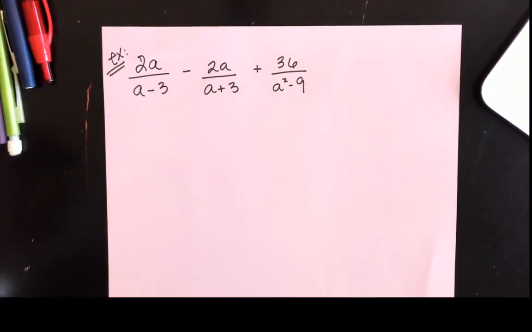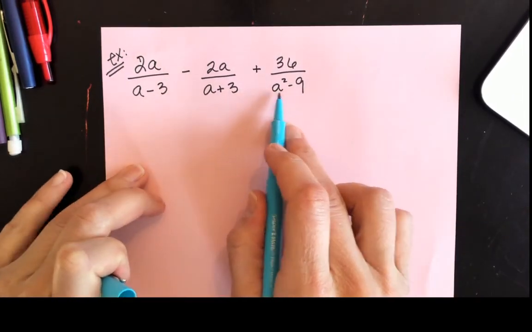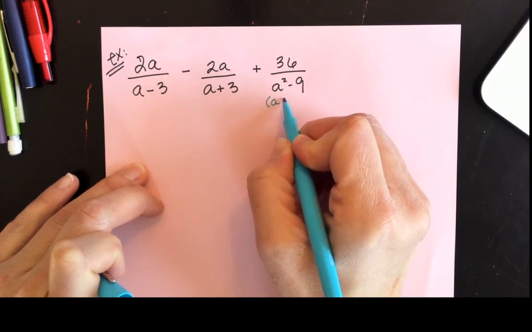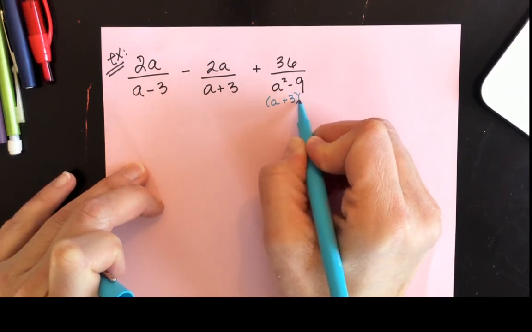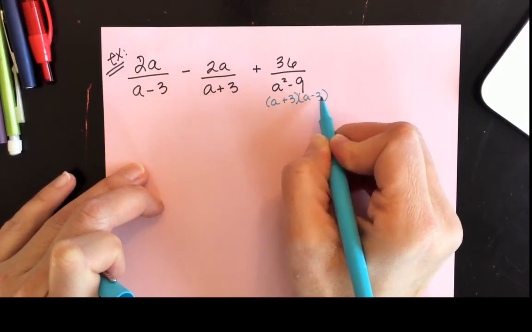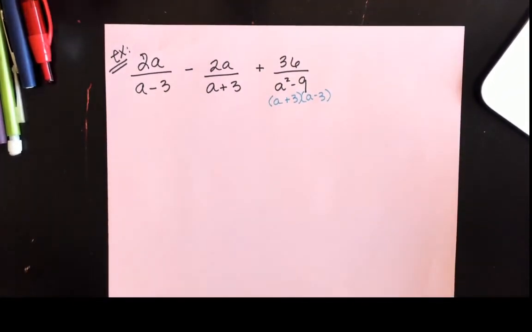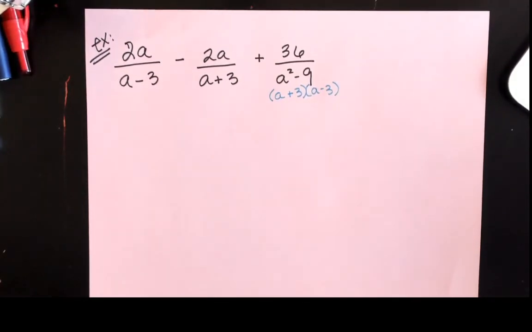Before I begin, I'm going to do this problem the way you guys might. I already can tell that this bottom one is going to factor into a plus 3 and a minus 3, because, again, it's the difference of two squares. So what I want to do is see that so that I know what my common denominator is going to be.